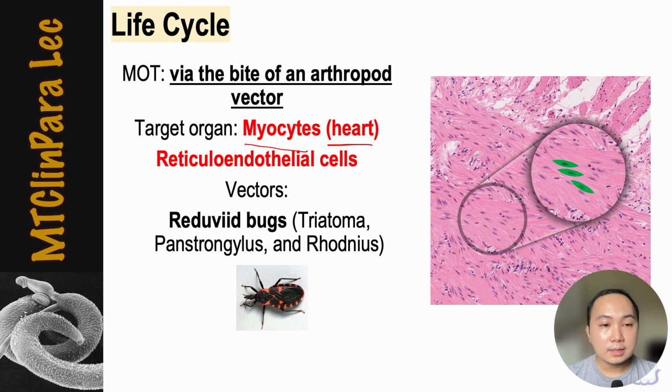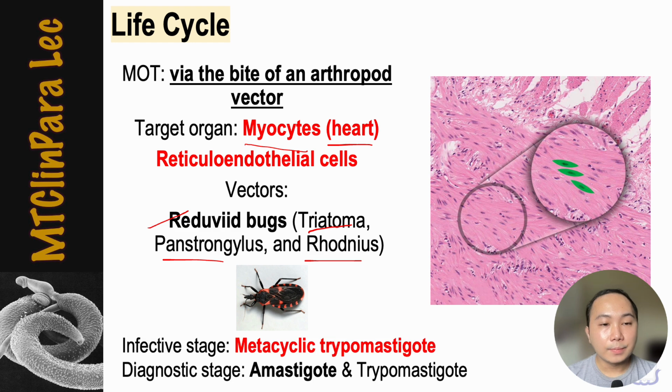The vector is the reduviid bugs under the genera Triatoma, Panstrongylus, and Rhodnius, but the most common one is the Triatoma reduviid bug. Infective stage is the metacyclic trypomastigote, or basically trypomastigote. Diagnostic stage is amastigote and trypomastigote as well.